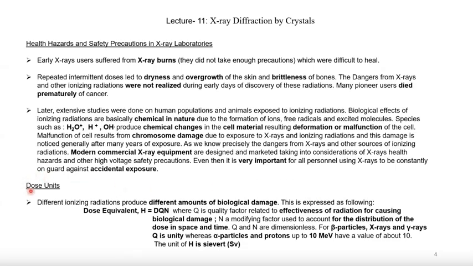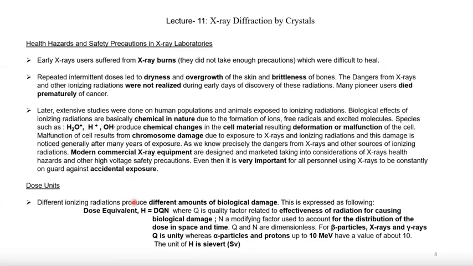How do we use units of dose for radiations? So it is the equivalent dose. Do remember that different ionizing radiations produce different amounts of biological damage. So to make it uniform, we call it dose equivalent.